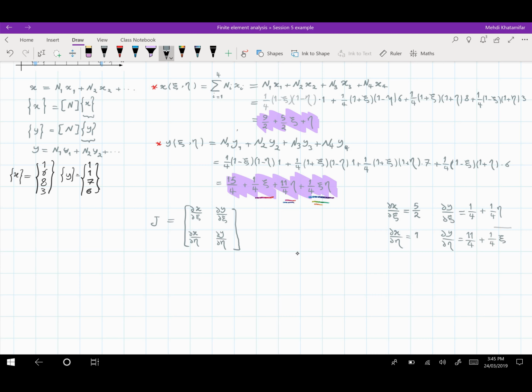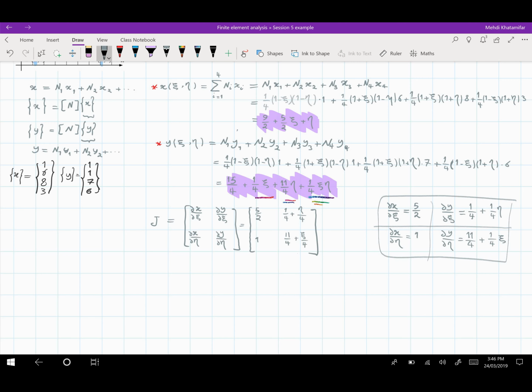Okay, beautiful. These are the values I need to find my Jacobian matrix. Let's put it there. So this Jacobian matrix is going to be 5 over 2, 1 over 4 plus eta divided by 4, 1, 11 over 4 plus psi over 4. Now I found my Jacobian matrix.